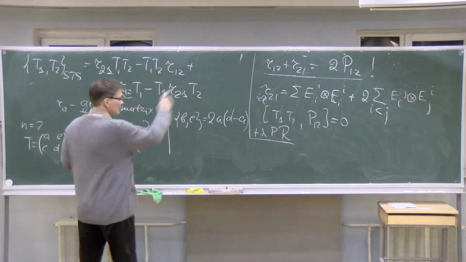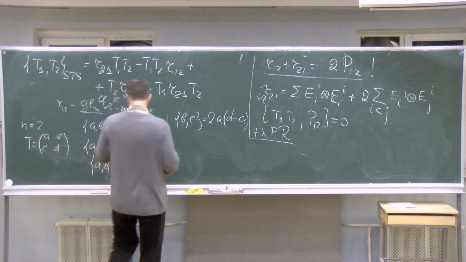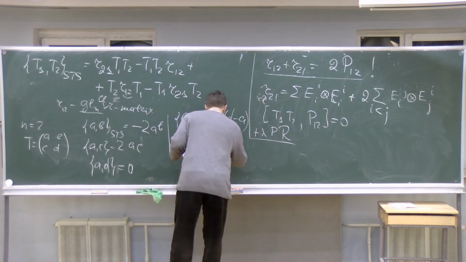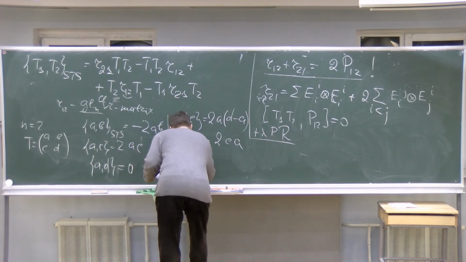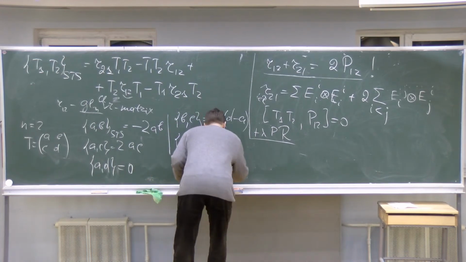We have just written an explicit form of this r-matrix. Then at last CD is equal to 2CA, and BD is equal to minus 2AB.